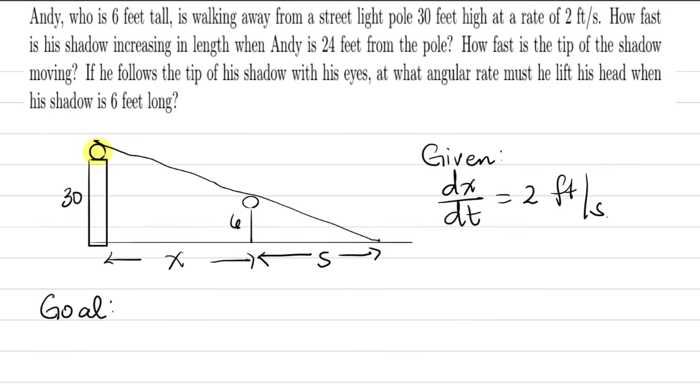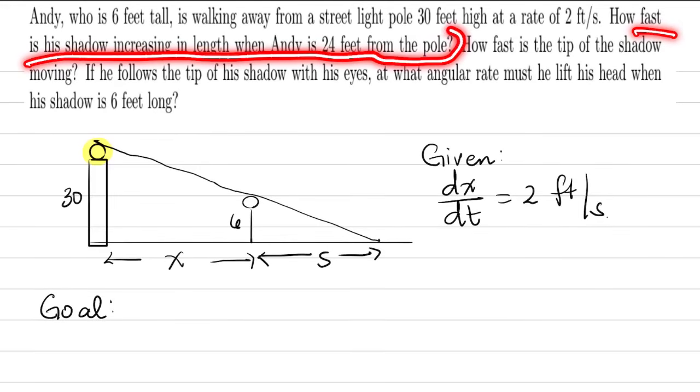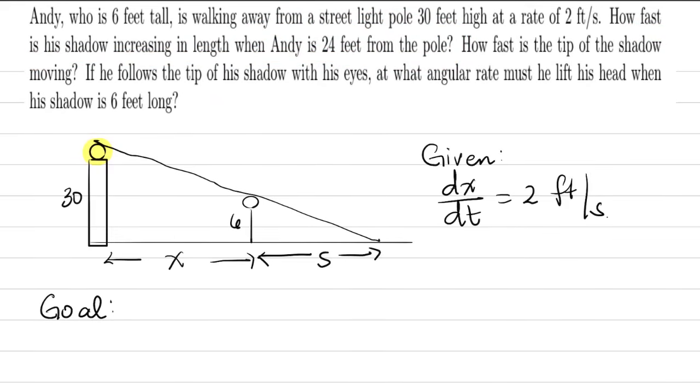Our goal is to know how fast the shadow of Andy is increasing when Andy is 24 feet from the pole. So our goal is to find the change in his shadow's length with respect to time, precisely when Andy is 24 feet from the pole. So that is when x is equal to 24.